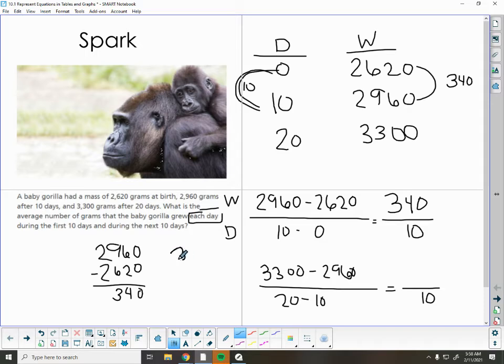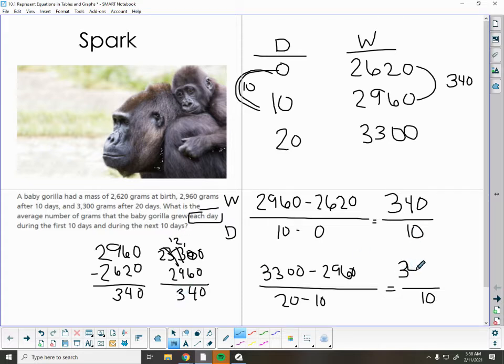Let's see how much it grew. Oops, forgot a 3 there: 3,300 minus 2,960. I need to borrow here. 10 minus 6 is 4. 0 minus 0 is 0. And then I need to borrow here. 12 minus 9 is 3.